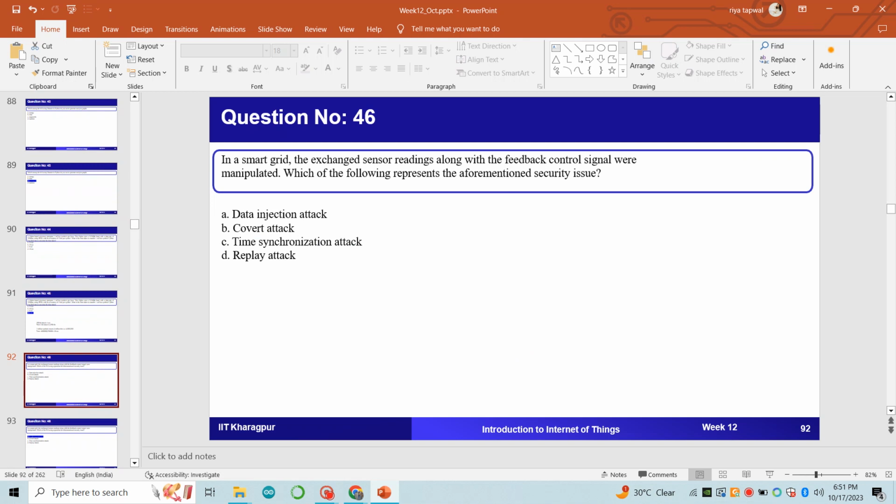Next question is, in smart grid, the exchanged sensor readings along with the feedback control signal were manipulated. Which of the following represents the aforementioned security issue? Options are data injection attack, covert attack, time synchronization attack, replay attack.